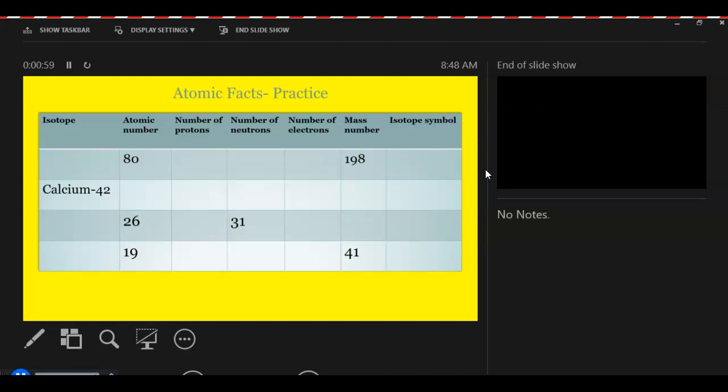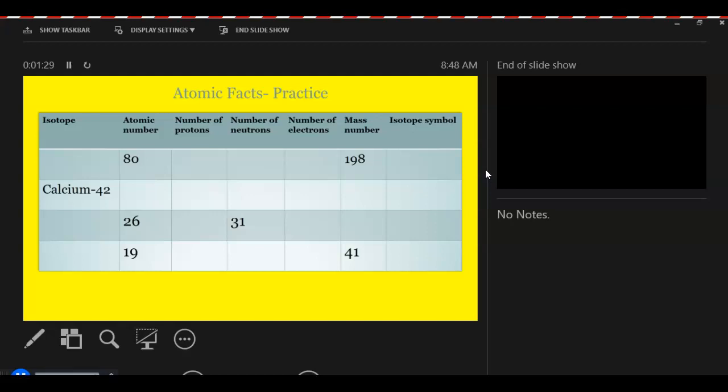Number of neutrons: to figure out neutrons, we take the mass number and subtract the atomic number from it. So 198 minus 80 is 118. Okay.